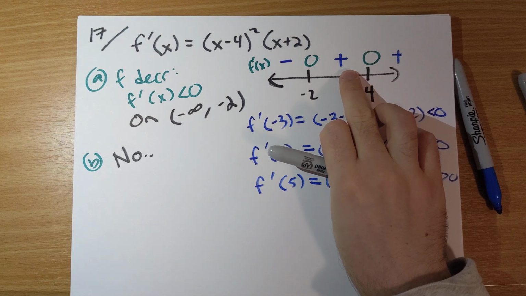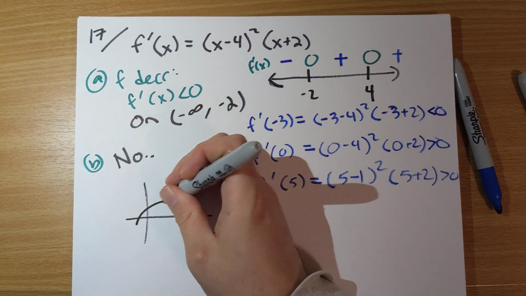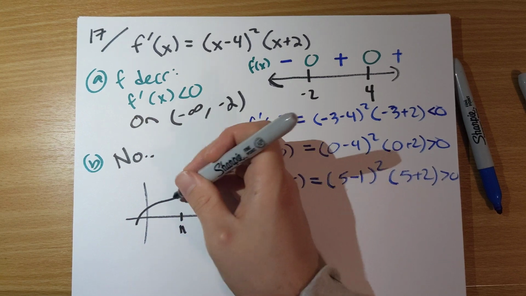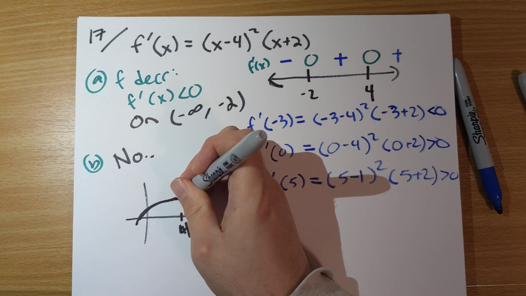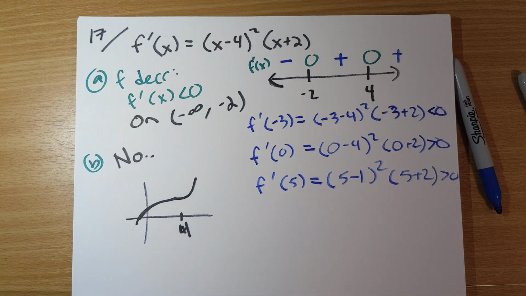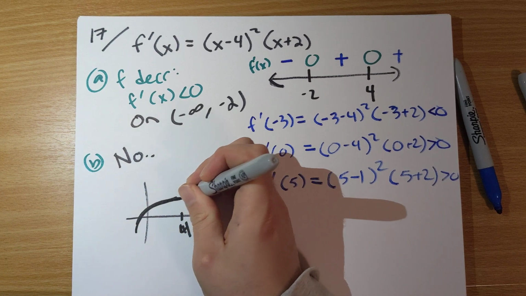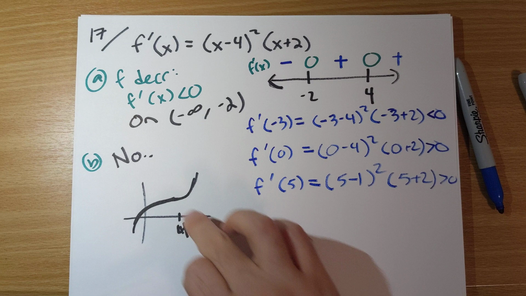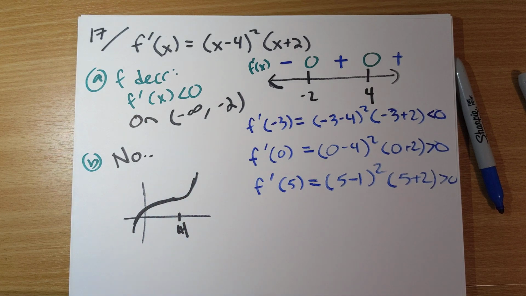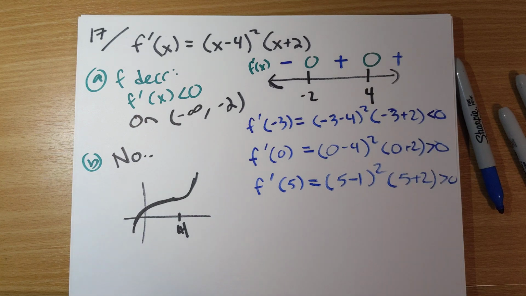The function is going to be increasing until we hit 4, and then it's going to be increasing again after 4. So it's increasing slowly, and then it slows down, so it's no longer increasing right at 4, and then it starts to increase again. There's neither a local min or a local max at x equal to 4. So that is an important note.